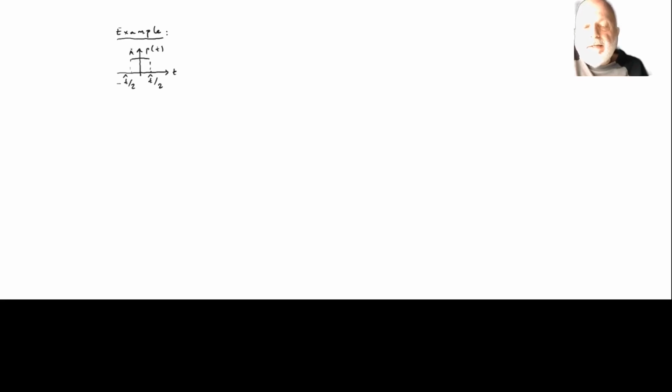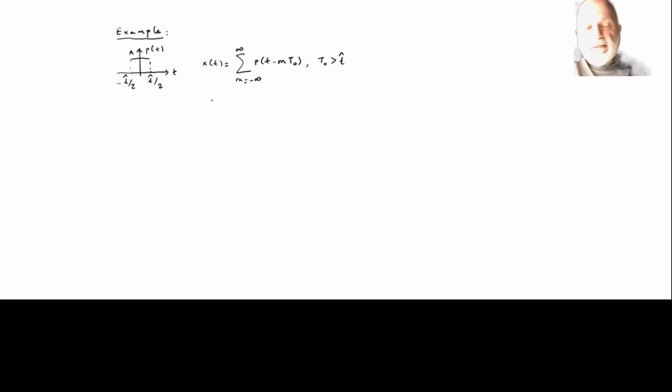And x of t is the periodic extension of this P of t, so the sum of P of t minus m T0. And we can choose T0 to be greater than T cap to avoid overlaps. Remember, for the case T0 equal to T cap, we have the sawtooth signal as a special case.